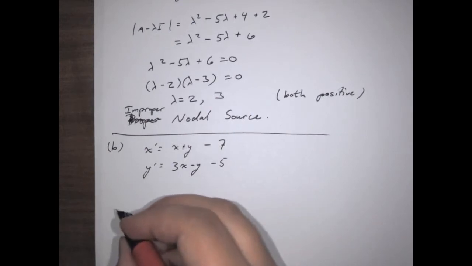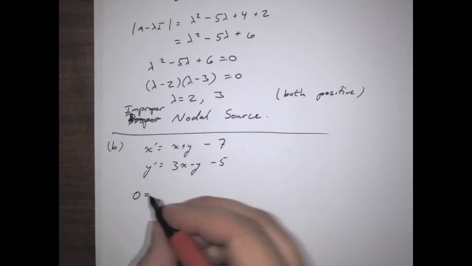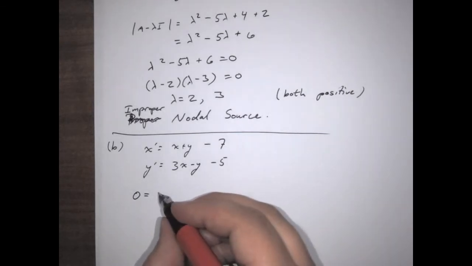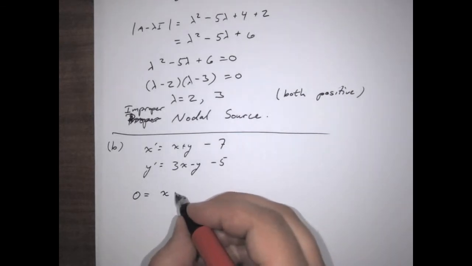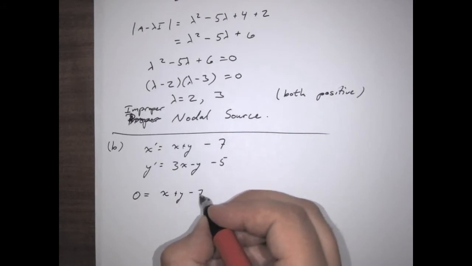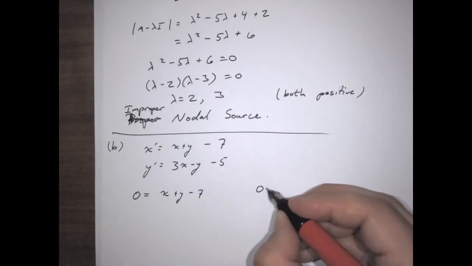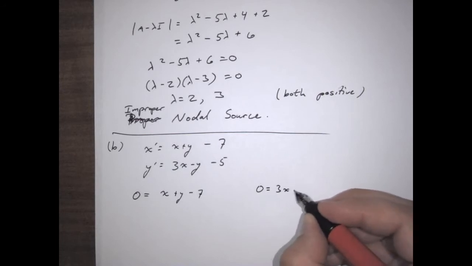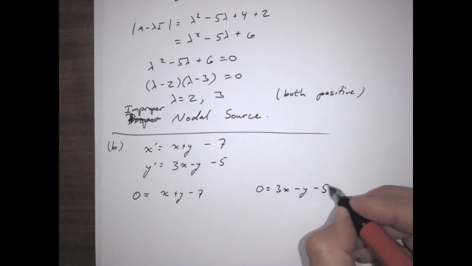Now, first off, we have to try to find the equilibrium values. So that's going to be 0 equals x plus y minus 7. 0 equals 3x minus y minus 5.